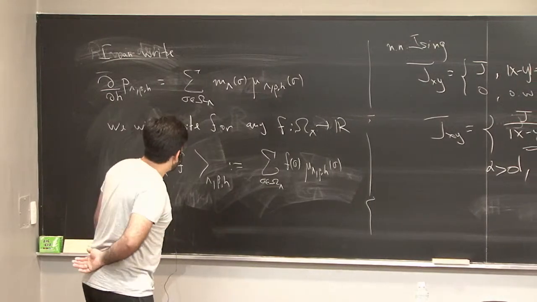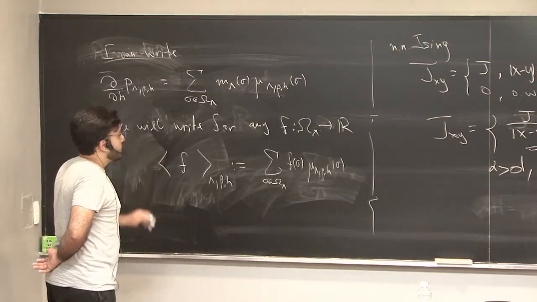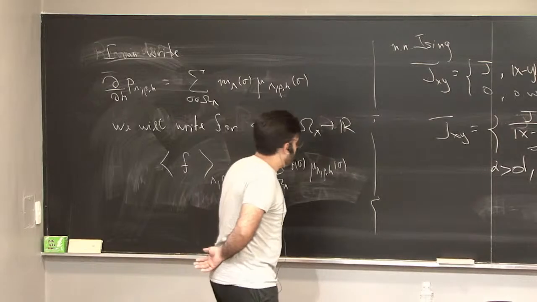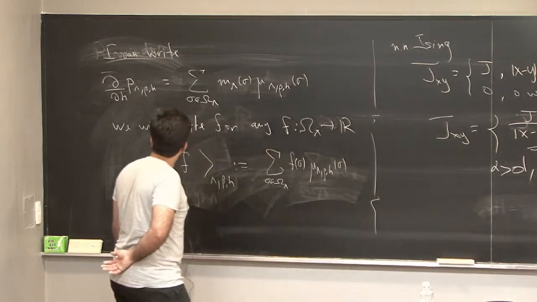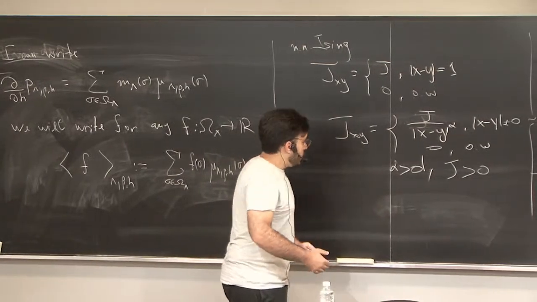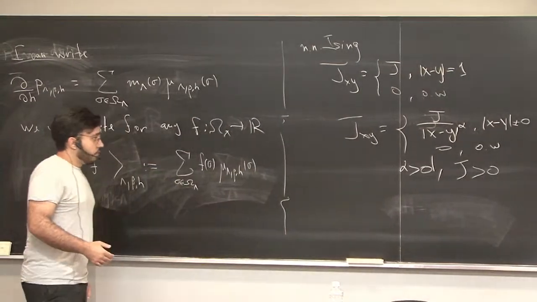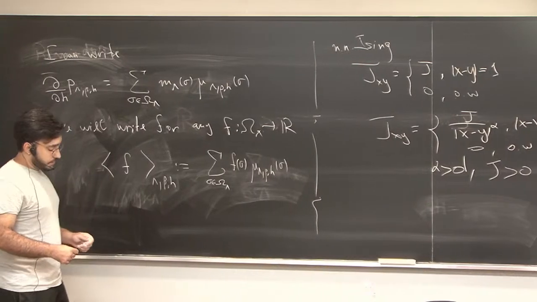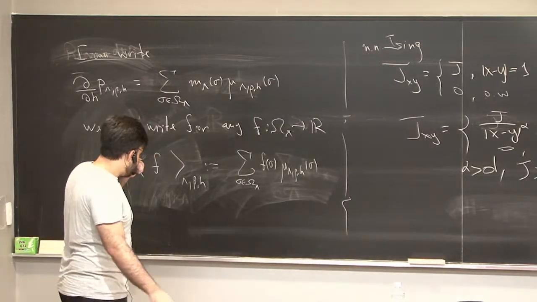We also, of course, this definition, there is nothing special with respect to the empty boundary condition Hamiltonian. Yesterday we defined also what it means to have a boundary condition.